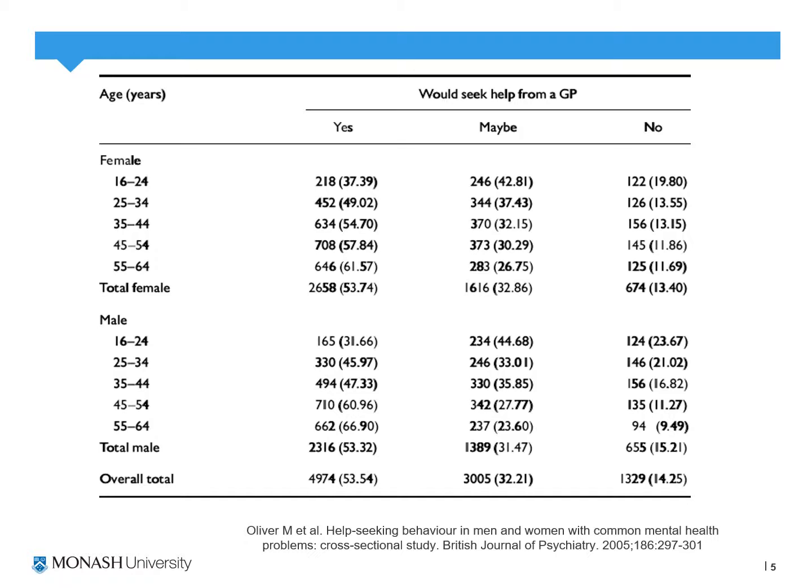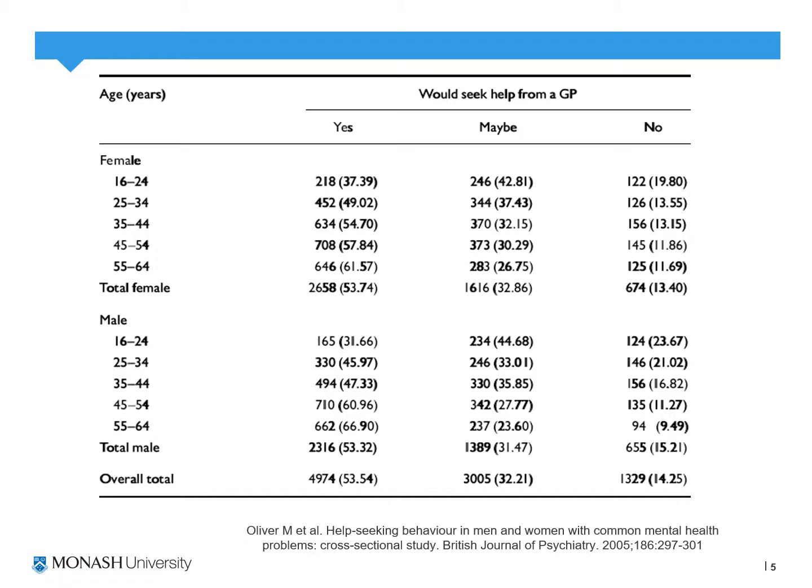It's very neatly broken down in terms of the participants, whether they be female or male, and their answer to the particular question: yes, I would seek help, maybe, or no, I would not seek help from a GP. What's really neat is that the data is broken down according to various categories: men aged 16 to 24, 55 to 64, and overall, and similarly for the females.